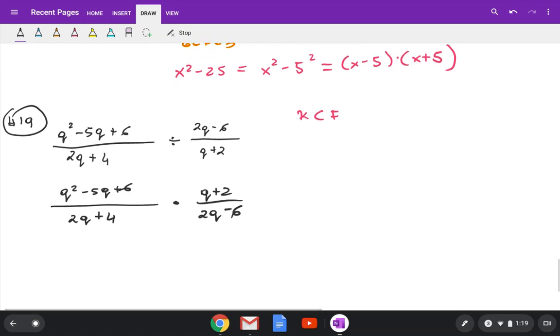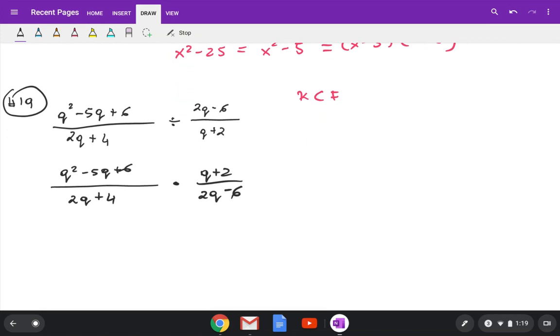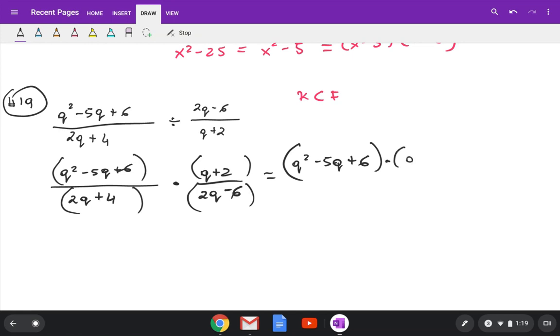So now what we're going to do, we're going to multiply. And the way we multiply, numerators together and denominators together. So we end up with q squared minus 5q plus 6 times q plus 2 over 2q plus 4 times 2q minus 6.